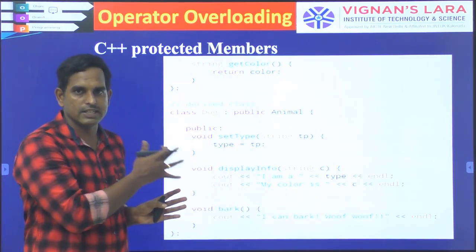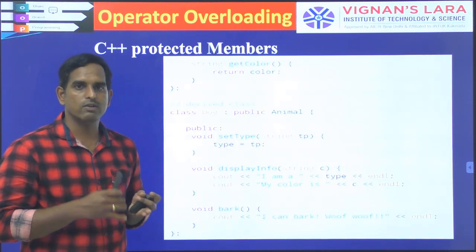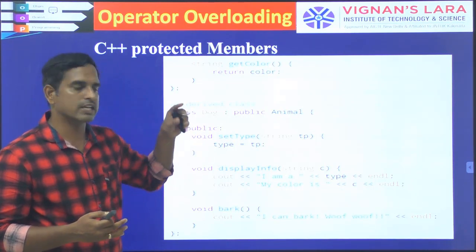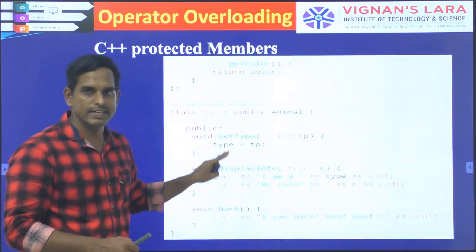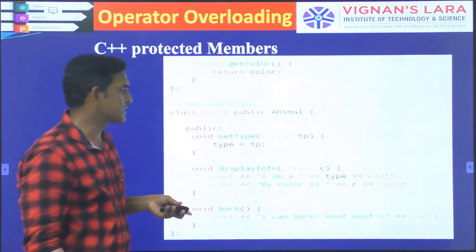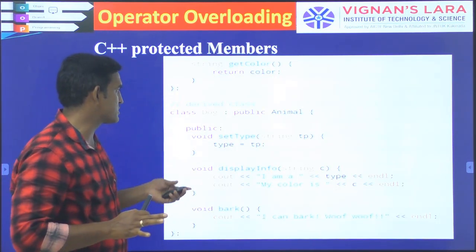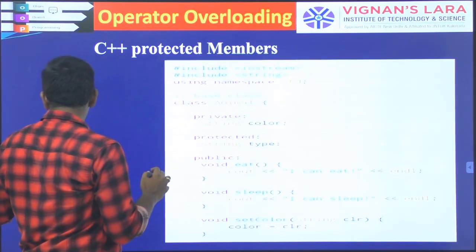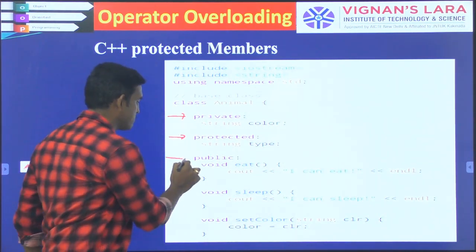So you can understand by this, what you have to see is inheritance. In inheritance, whenever you declare your methods and variables as protected, those variables can be used within the base class as well as within the derived classes. So that is what you should understand from protected members. With this, you should be able to identify what are your basic access specifiers in your class: which members are private, which are protected and which are public.